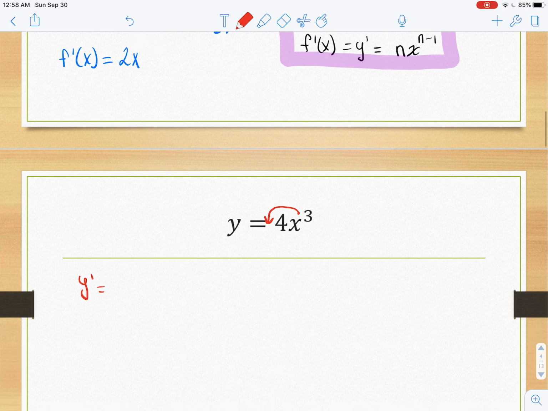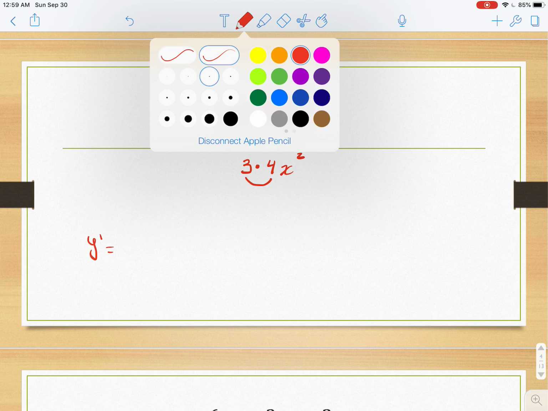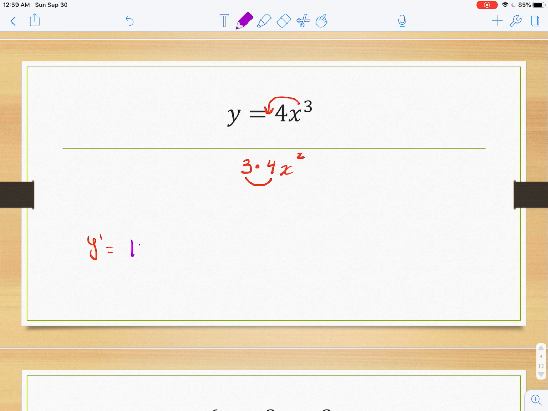So we have 3 times 4x, and then the exponent 3 is subtracted by 1, which gives 2. Multiplying, 3 times 4 is 12, so the coefficient is 12. We keep the x, and subtract the exponent by 1, which gives us 2. So the derivative of 4x cubed is 12x squared.